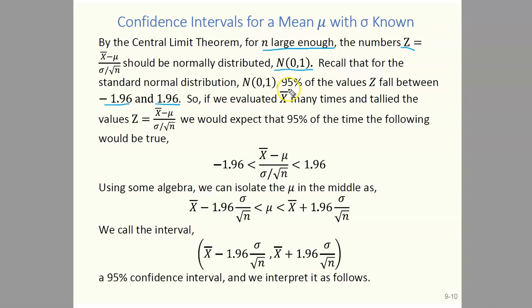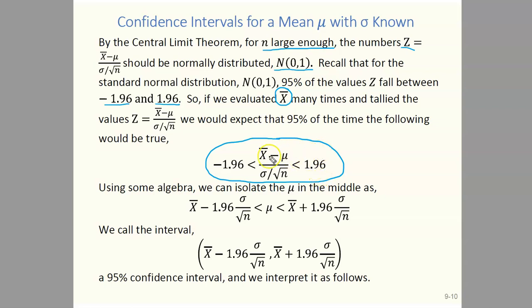So if we evaluated x bar many times, so we went out and took many samples of size n, and we evaluated many of these numbers, and we tallied them up, then 95% of these numbers should satisfy this inequality right here. So you see 95% of these z-scores should be between negative 1.96 and positive 1.96.